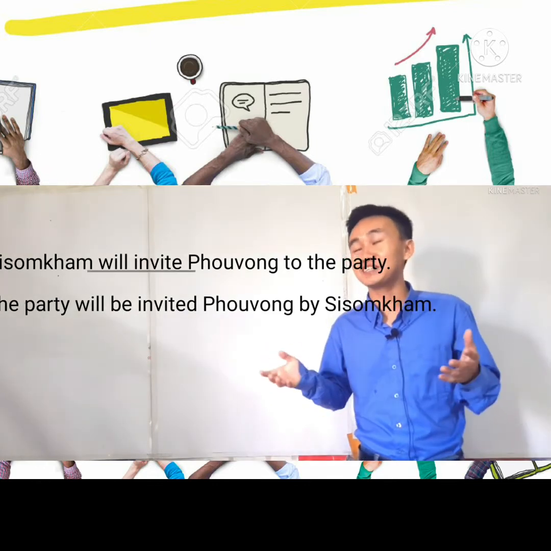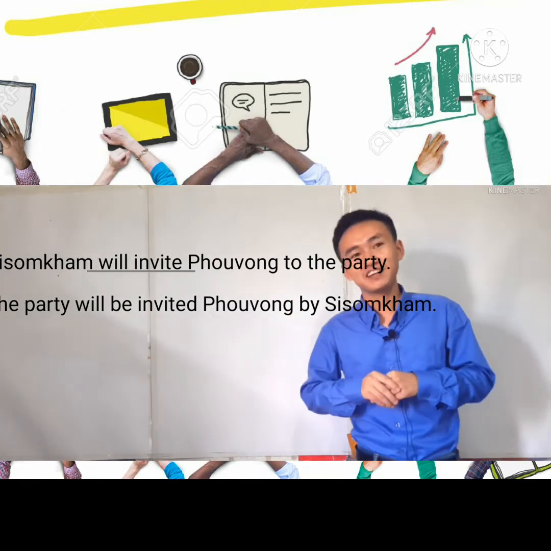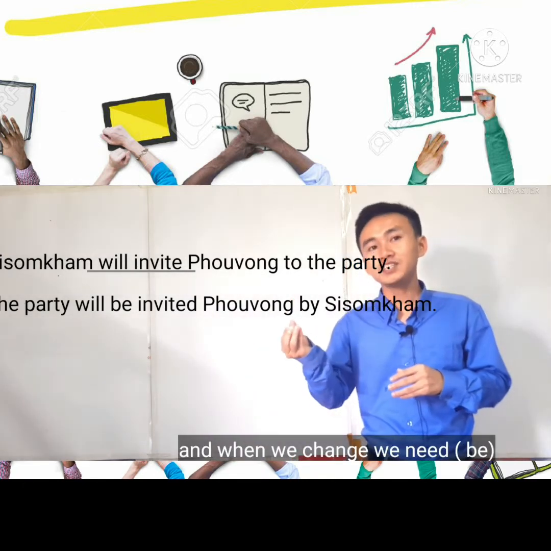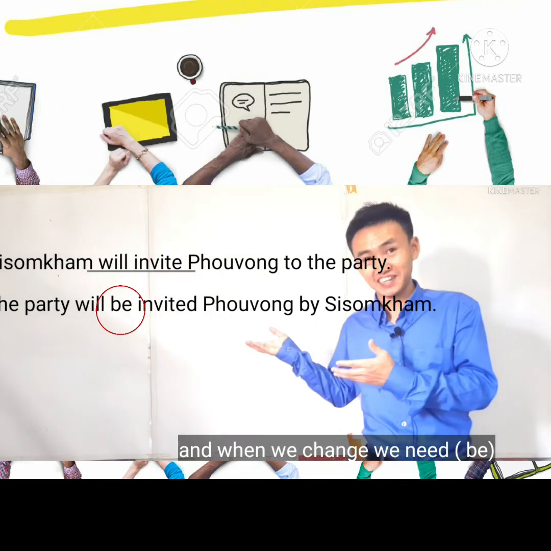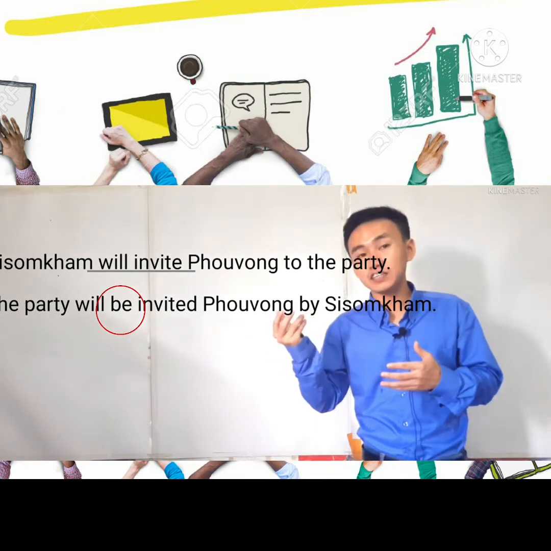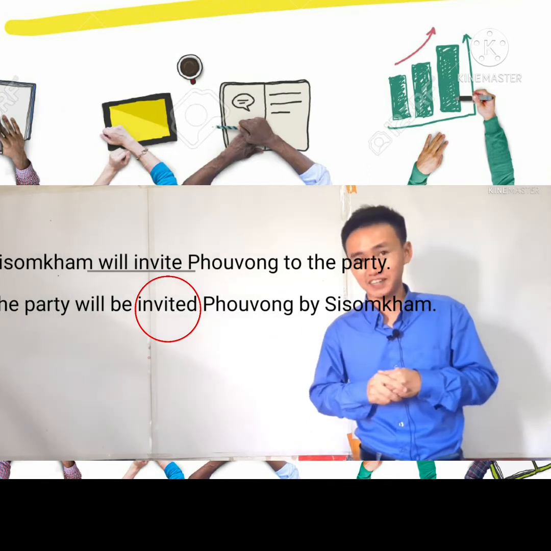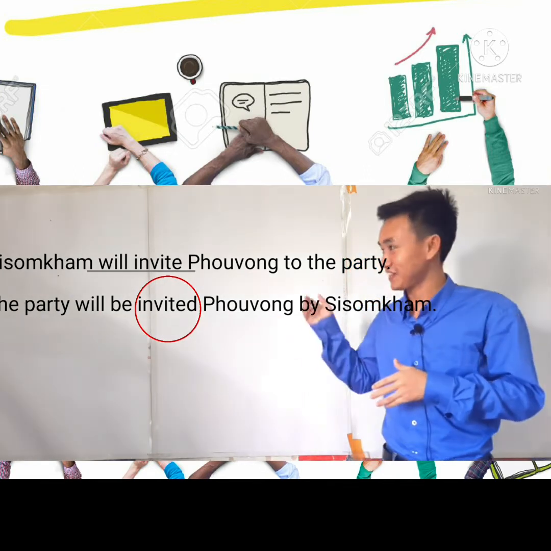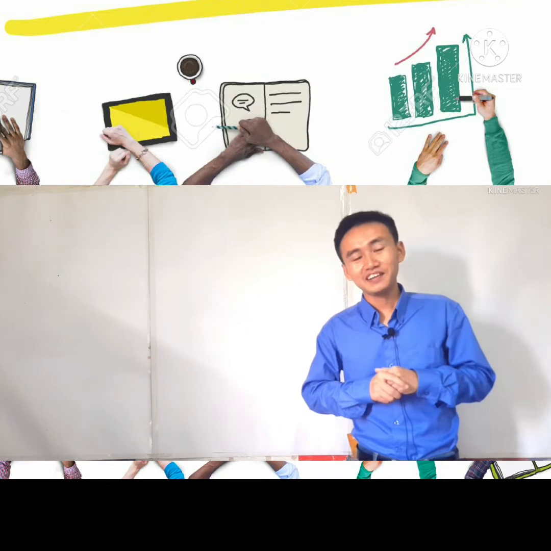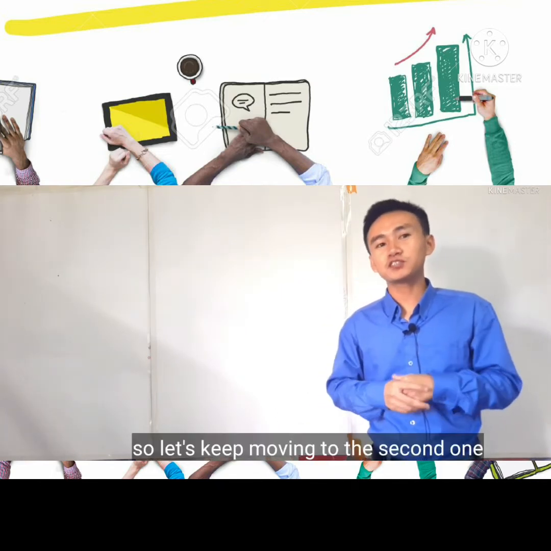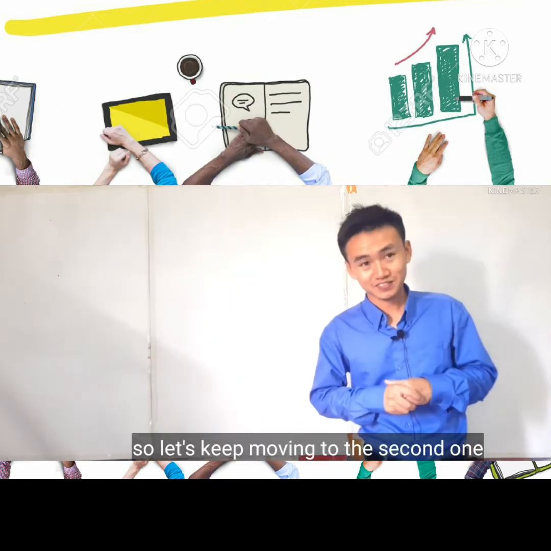Yeah, will invite. That's right. And when we change, we need be, and we change the word invite to be invited. That's right. As you can see. So let's keep moving to the second one.